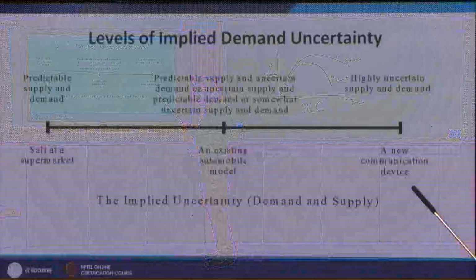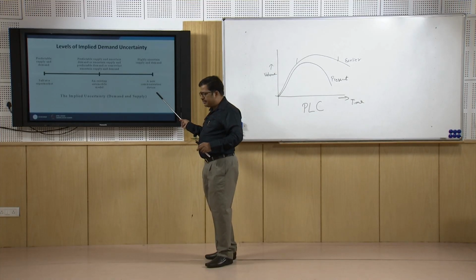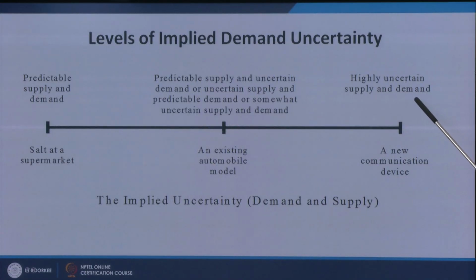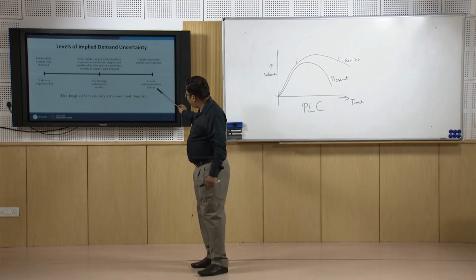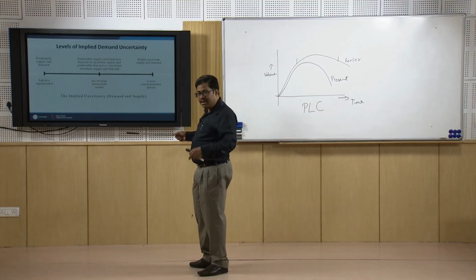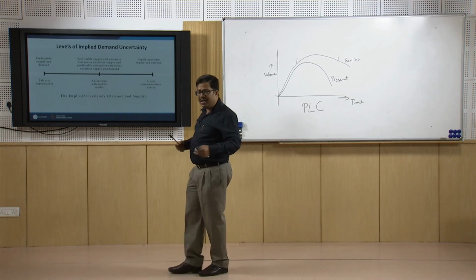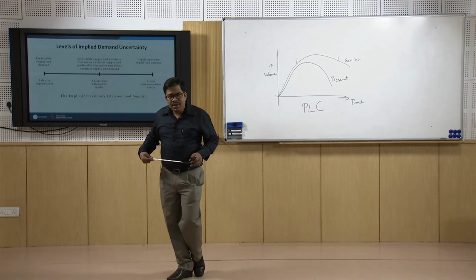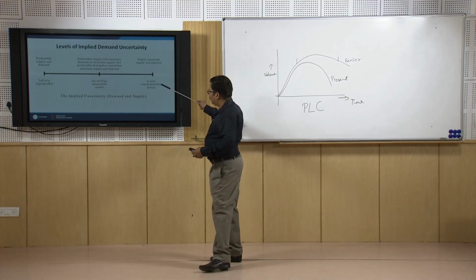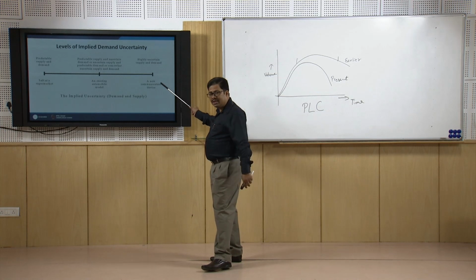Now, coming to the right side of the spectrum, here you have a very high level of uncertainty in the supply and demand, like as I mentioned about the iPhone 7, a new phone just launched into the market, and this product has a very high level of uncertainty about how customers will respond to this type of new product, and therefore, I have placed this i7 on the right side of this spectrum.